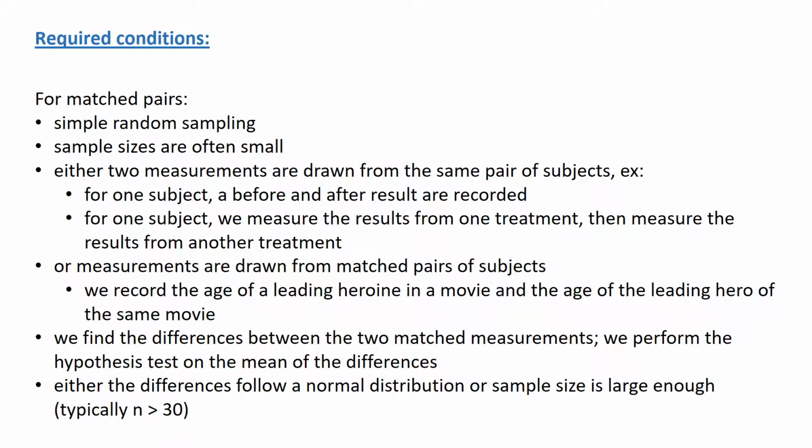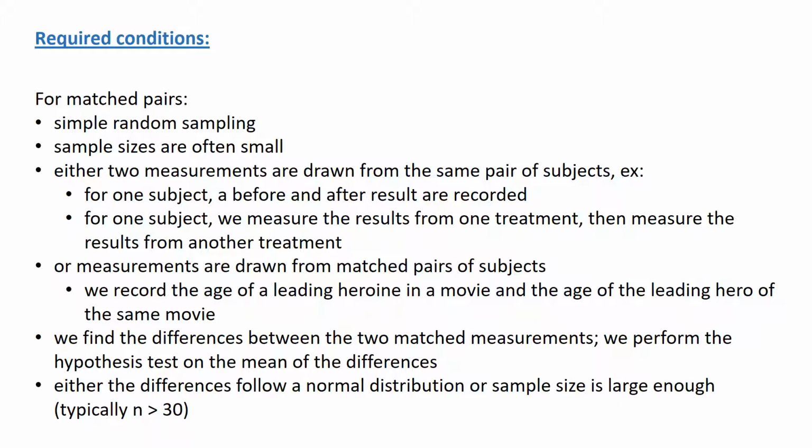Our matched pairs, again, we need simple random sampling. In these cases, we often have small sample sizes, but it doesn't change our requirement that if our sample sizes are small, the population they come from must be normal. Otherwise, we need those big samples again. In matched pairs testing, we are either taking two measurements from the same subject.